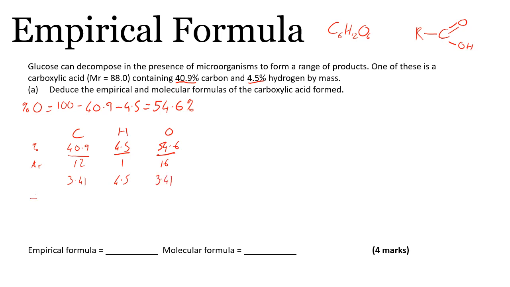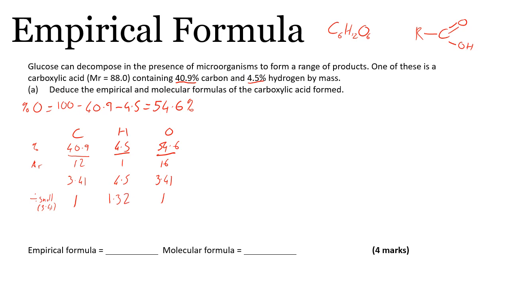Next step, divide by the smallest, which in this case is going to be 3.41. So 3.41 divided by 3.41 is 1, same for the oxygen, and with the hydrogen it's going to be 1.32.